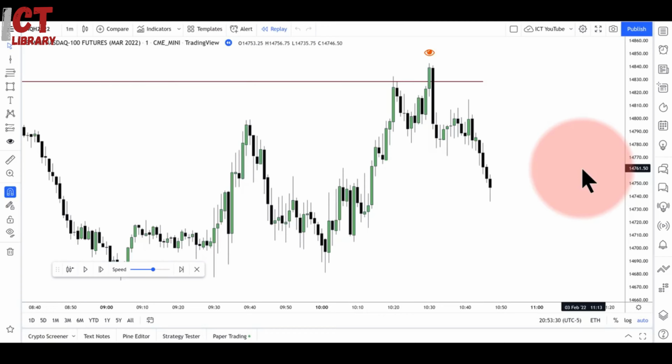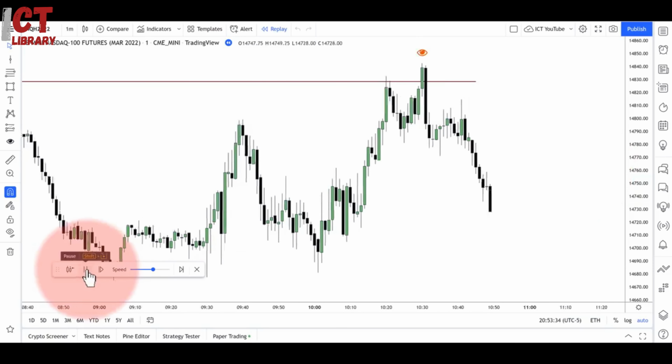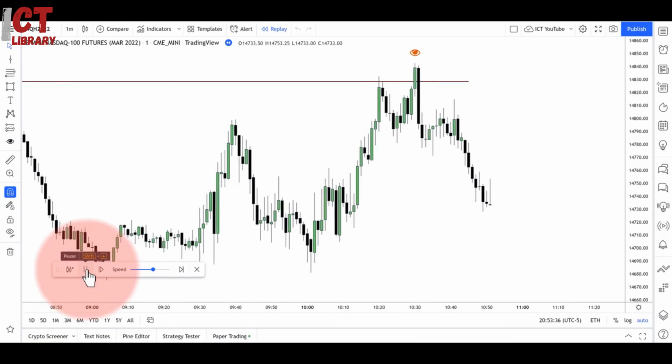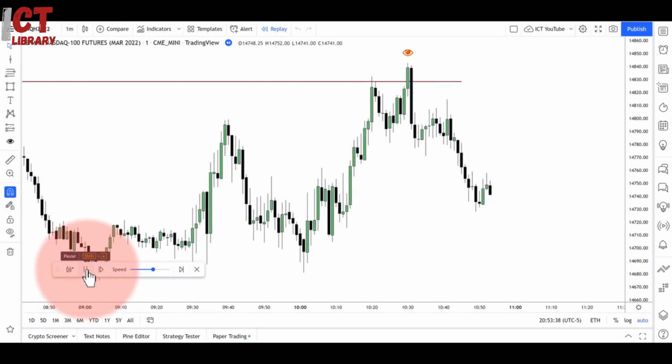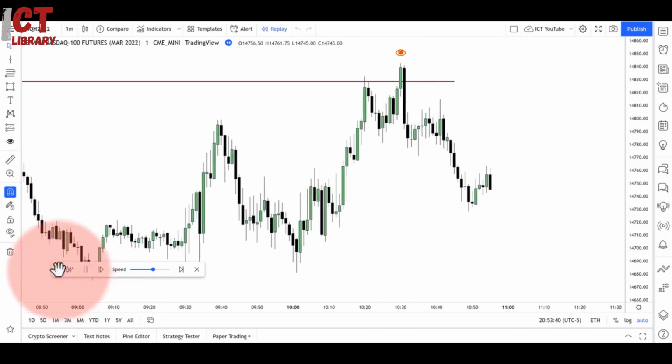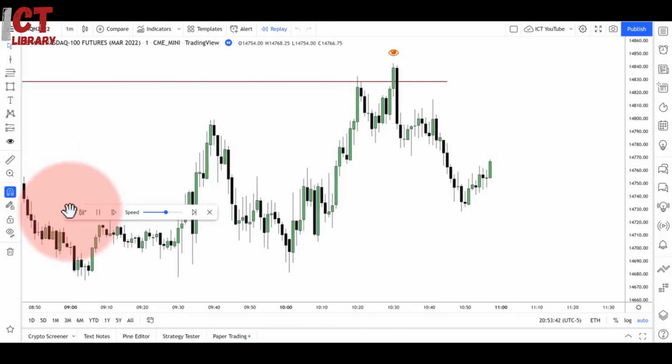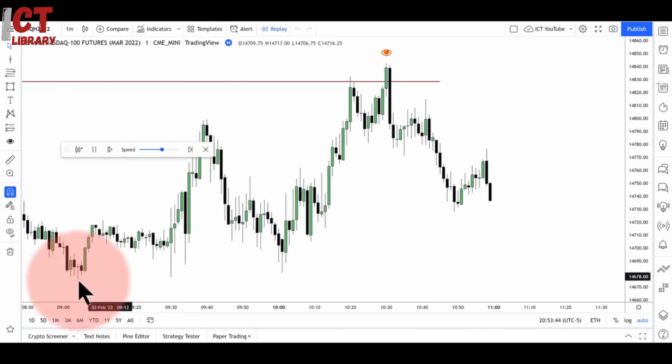If you are going to hold it, focusing below these lows down here, okay?